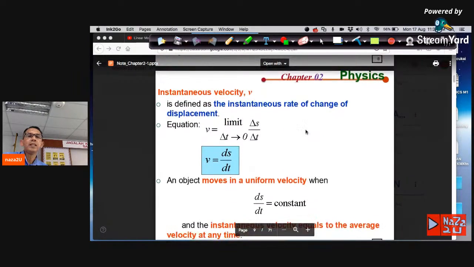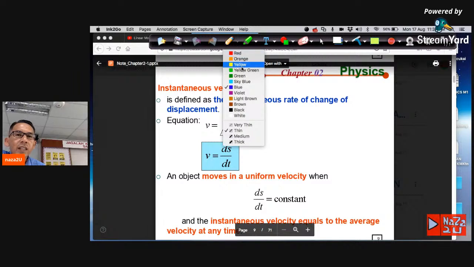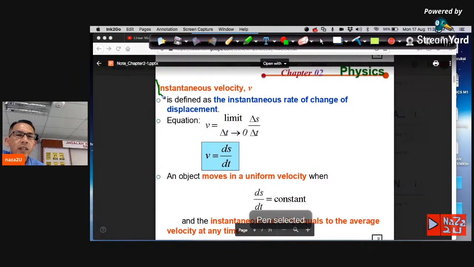Okay, we have another type of velocity here. So what is the other type of velocity? We have instantaneous velocity.